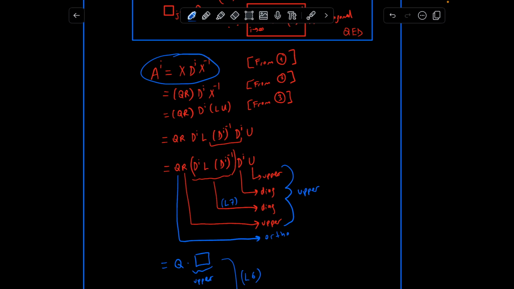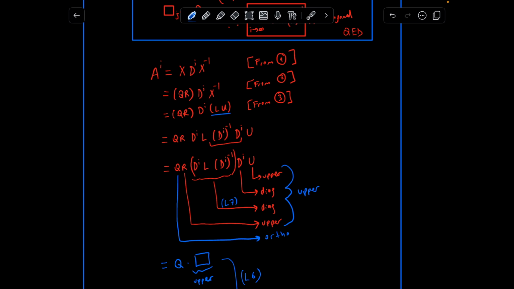First, let's start with the definition of where this comes from. This is the exponents, so this is what we know. By looking at the QR factorization of x, this is what we have.